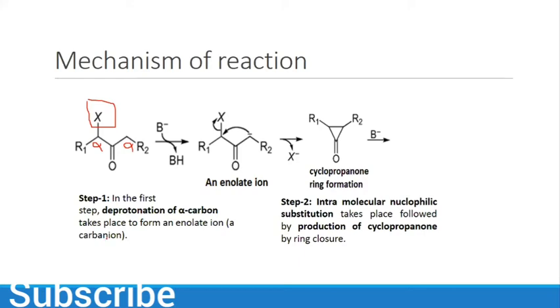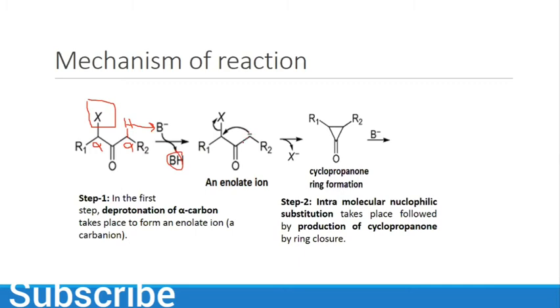But you have to keep in mind that deprotonation of alpha carbon will take place on the other side of the halogen, not on this alpha carbon. So if we have hydrogen here, we will perform deprotonation and it will attach with this base, and we have BH, and we have negative charge on alpha carbon.